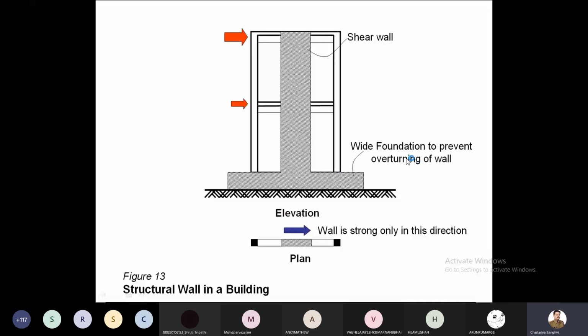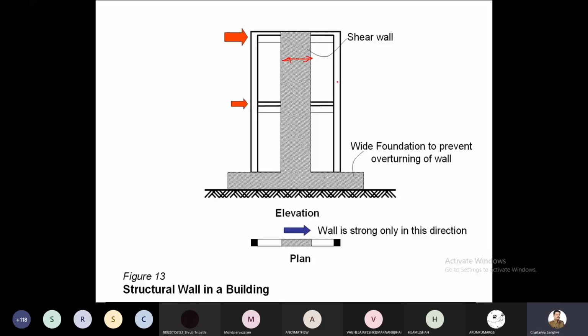This is the shear wall. A shear wall is a concrete wall, which is also reinforced, and the purpose of the shear wall is also to increase the stiffness. When the lateral load acts, we know the earthquake force is distributed as per the stiffness of the vertical element. The width of the shear wall may be 2 meter, 3 meter, so as compared to the column, the stiffness of the shear wall is very high.